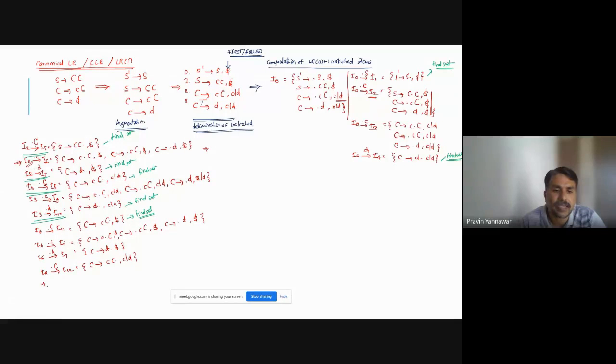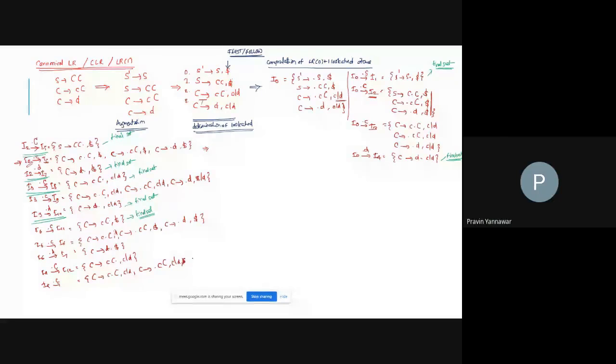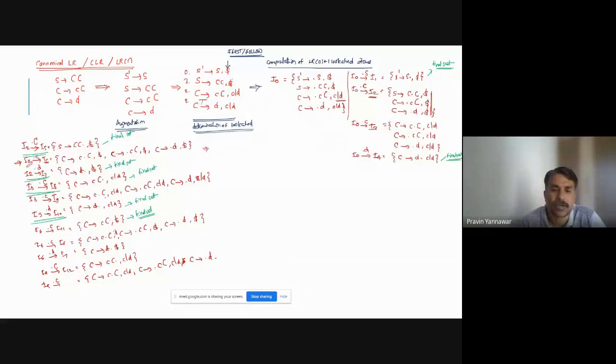Then I9 with dot small c, yes, if you look at this production, this becomes C implies small c dot capital C, C by D, C implies dot C capital C, C by D, comma, then C implies dot D, C by D. So this is going to be I9 again, right?